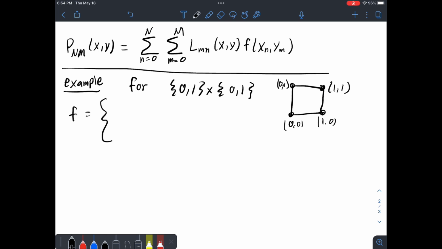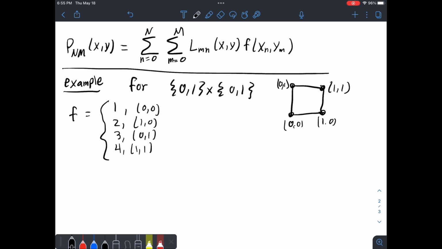So I'm going to say this function is going to be equal to 1 at 0, 0. It's going to be equal to 2 at 1, 0. It's going to be equal to 3 at 0, 1, and equal to 4 at 1, 1.